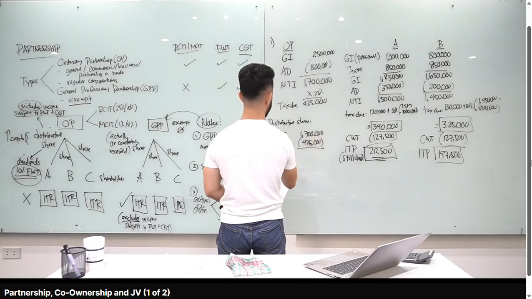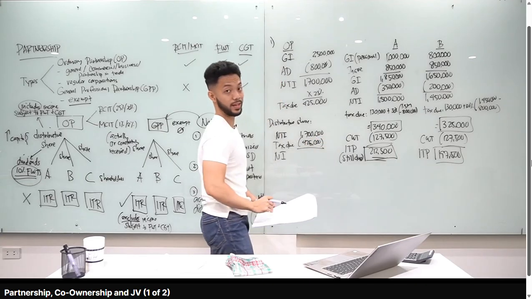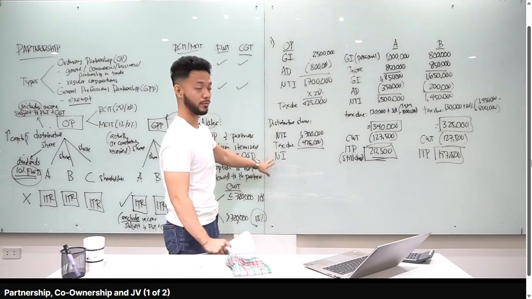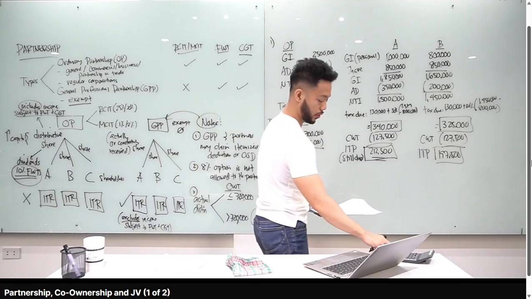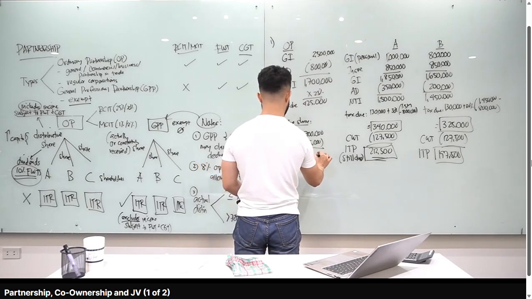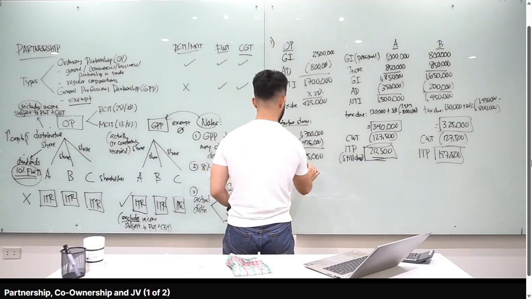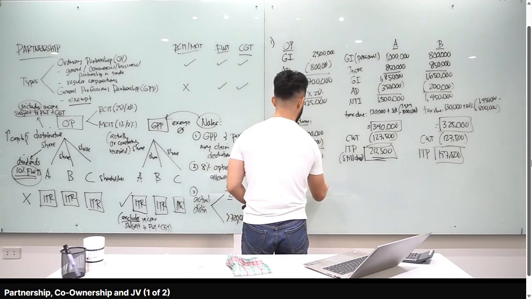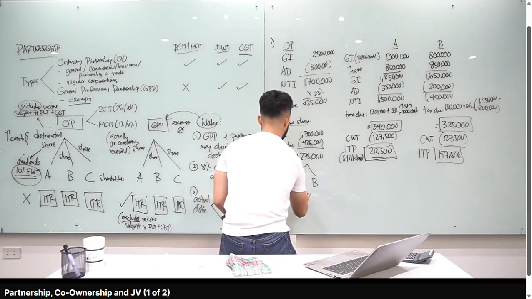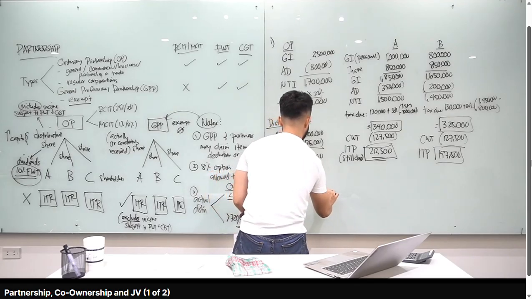Actually class, yung distributive share mo is also your net income. Tama lang? Kasi income before tax, which is net taxable income, minus tax, yun yung net income mo, yun din yung distributive share mo. Okay, so 1.7 million minus 425,000, you have 1,275,000. Now, allocate natin yan to partners A and B, okay? Partner A receive divided by 2, 637,500, okay? And partner B receives 637,500. Yun yung share nila.